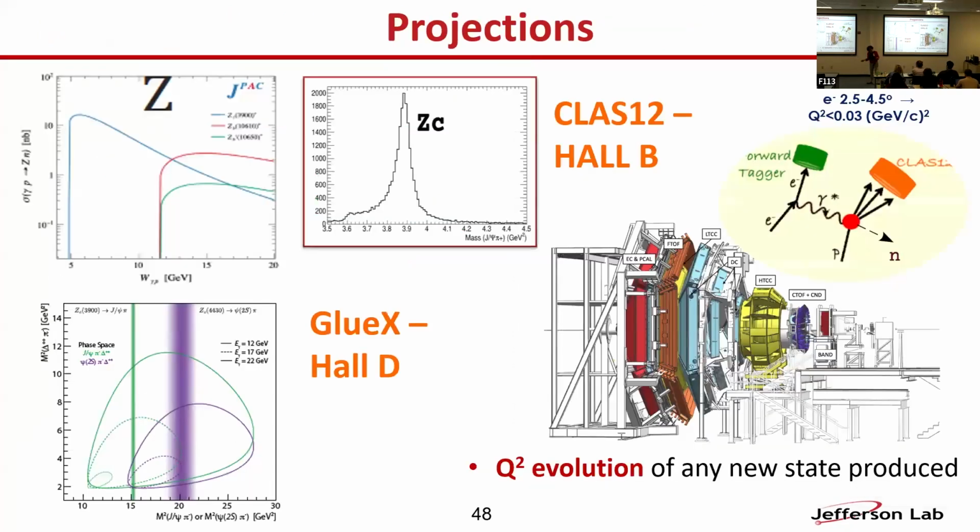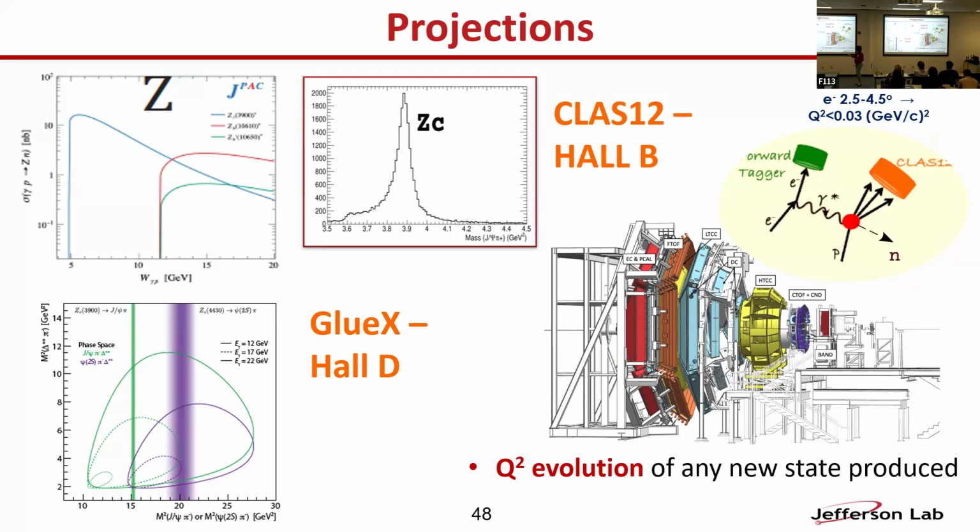And is it possible to do with the detectors that we have? Yes, we made some simulations. Of course, we cannot access all the XYZ states because our energy anyhow is not super high. But for instance, the Z particle, the Zc(3900): this is our simulation of how we run the program and how this Z particle can be seen with CLAS12.